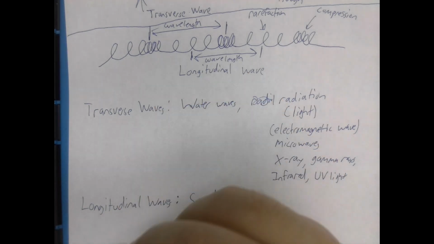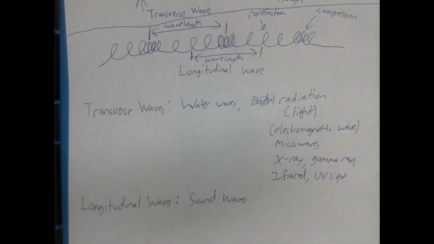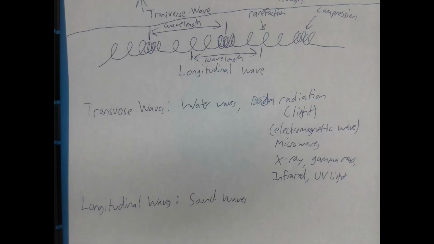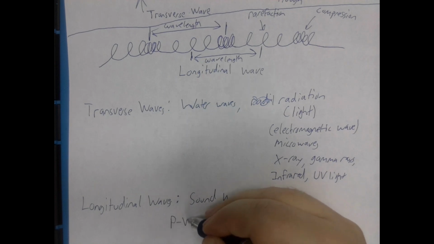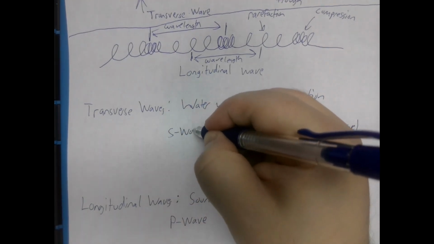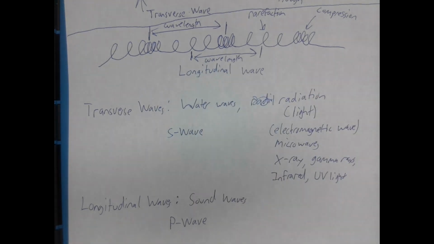An earthquake has two waves, an S wave and a P wave. So which one is longitudinal and which one is transverse? Yes, so that would be the P wave. And the S wave will be transverse.